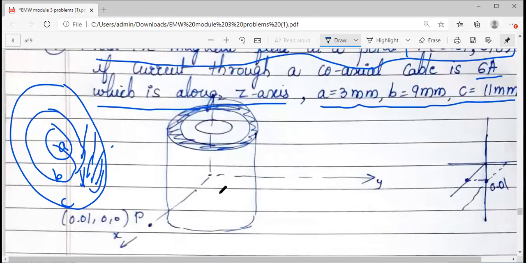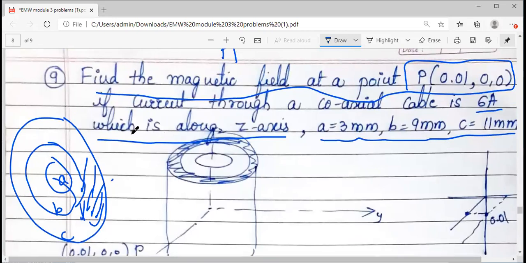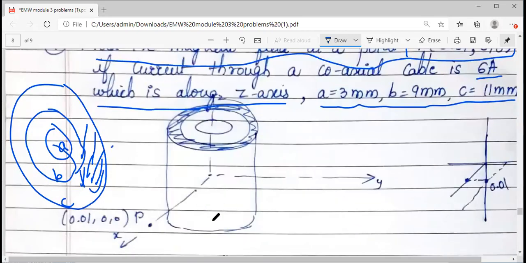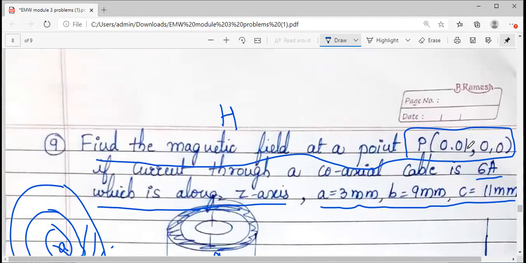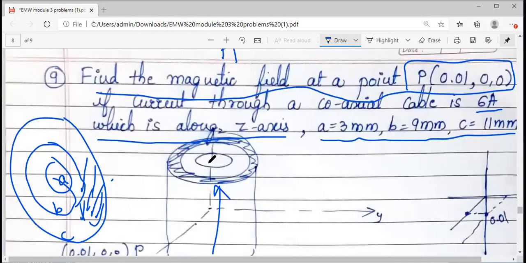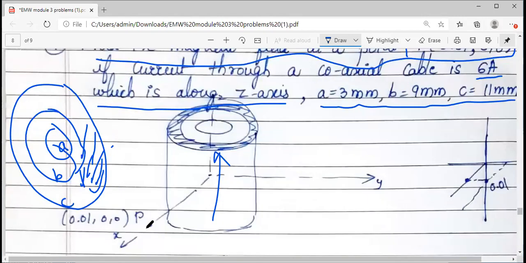It is kept along the z-axis, and the current is also moving along it. You can see the current flowing is 6 amperes, along the z-axis. Now, I have located the point P. Point 0, 1, 0, where 1 means towards the x-axis, from here to here.